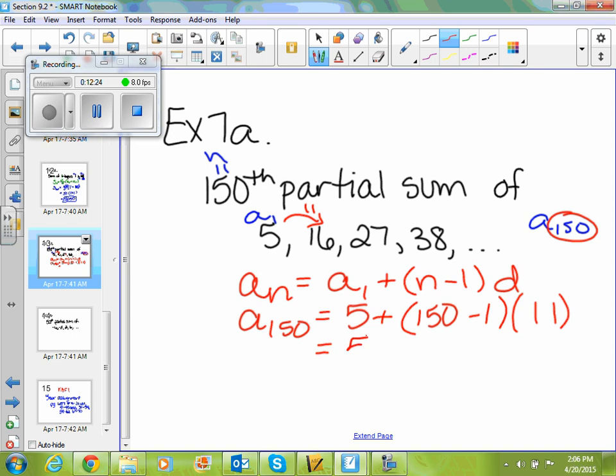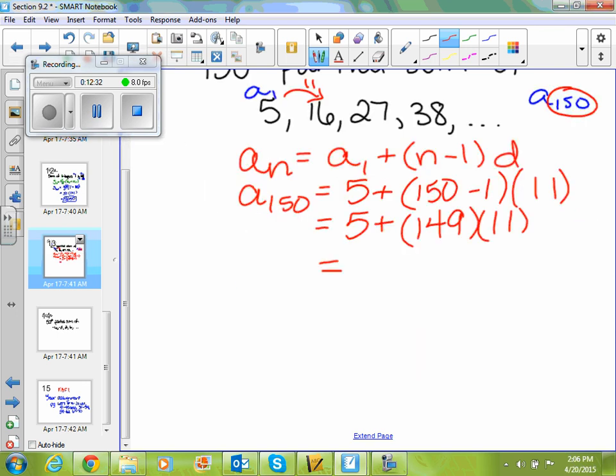Okay, so if I simplify all of that, 150 minus 1 is 149. And what's 149 times 11 plus 5? 1,644? Okay. So I know my 150th term, which is my last term in my sequence, is 1,644.